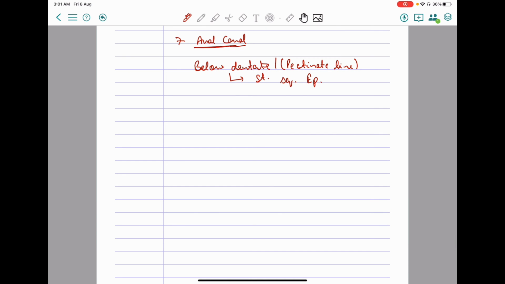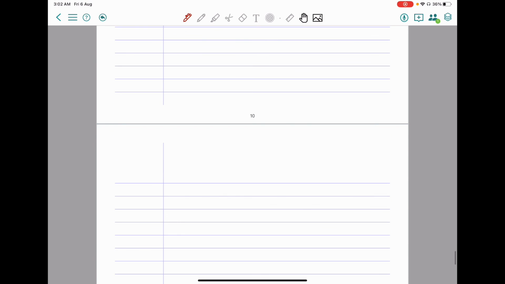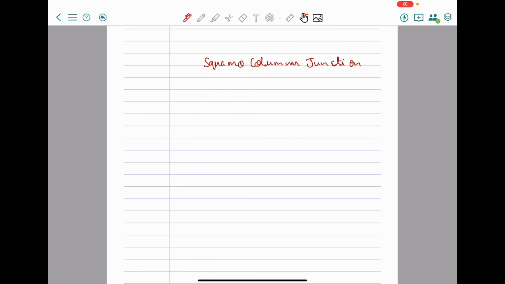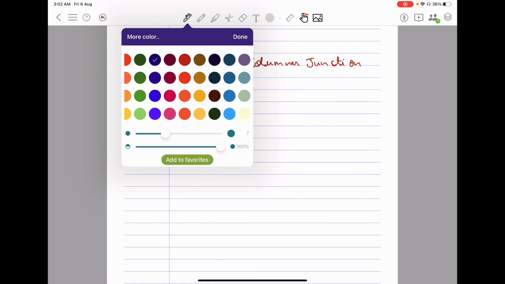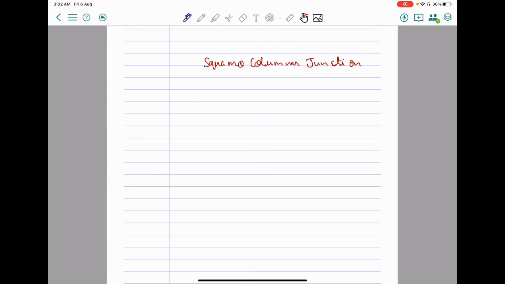Now, let me tell you something very important, which will help you especially in your medical career, when you see a patient and want to save the patient's life. So guys, I want to tell you a very important thing: in our body there is a junction, the squamocolumnar junction.